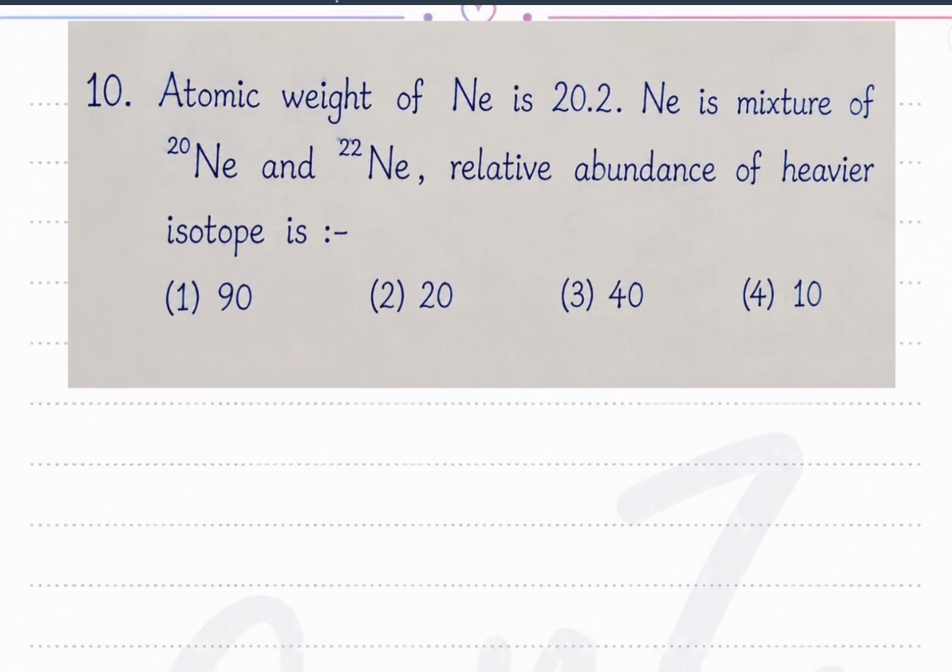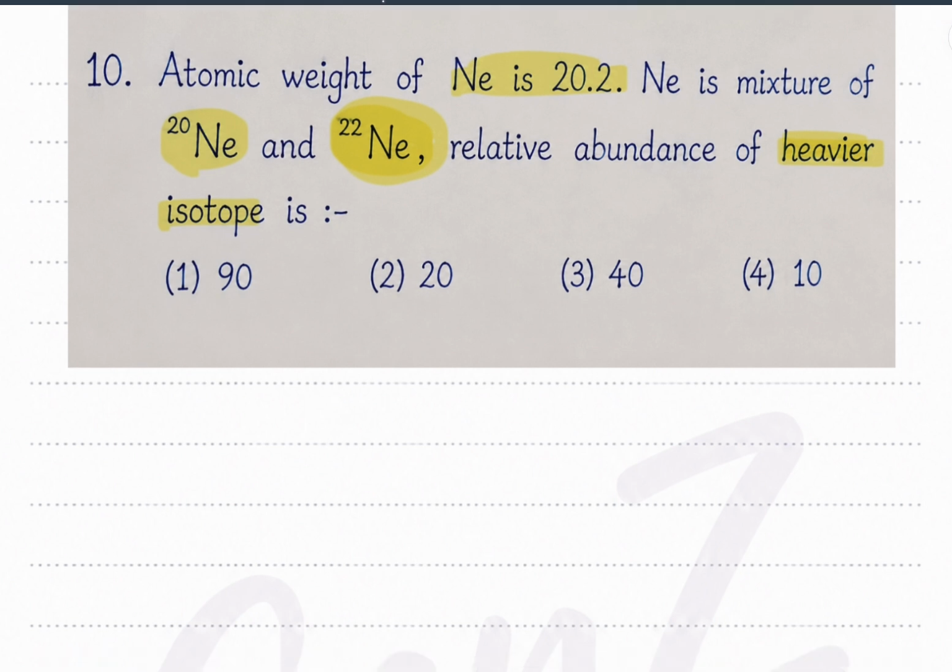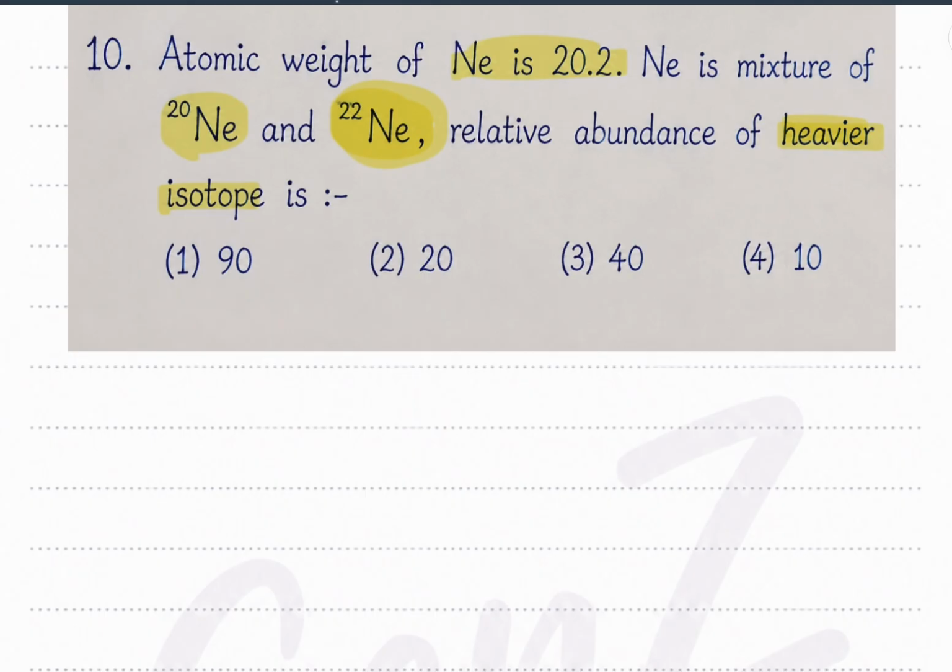Next question. Atomic weight of neon is the average atomic weight, which is 20.2. Neon is a mixture of neon 20 and neon 22. They are asking the relative abundance of the heavier isotope, which means neon 22. We know the formula to calculate average atomic weight.